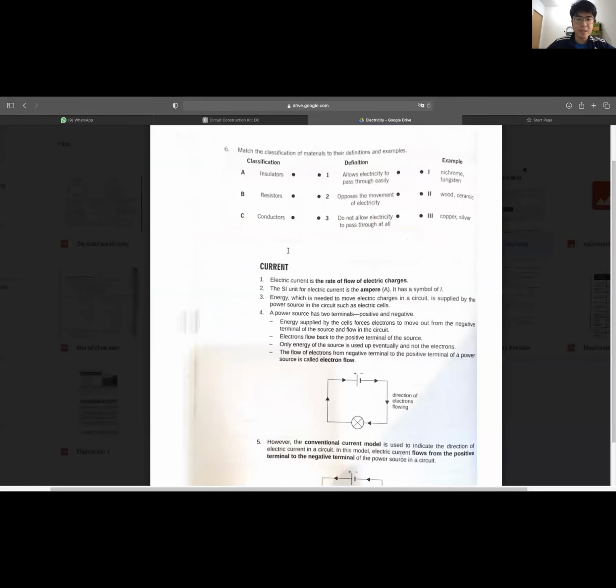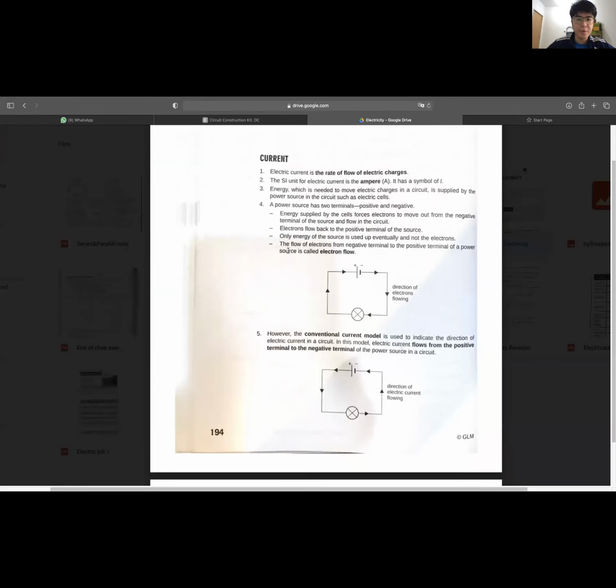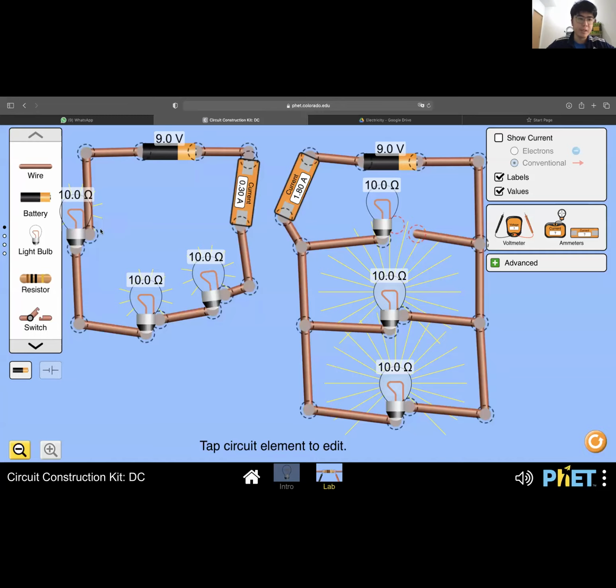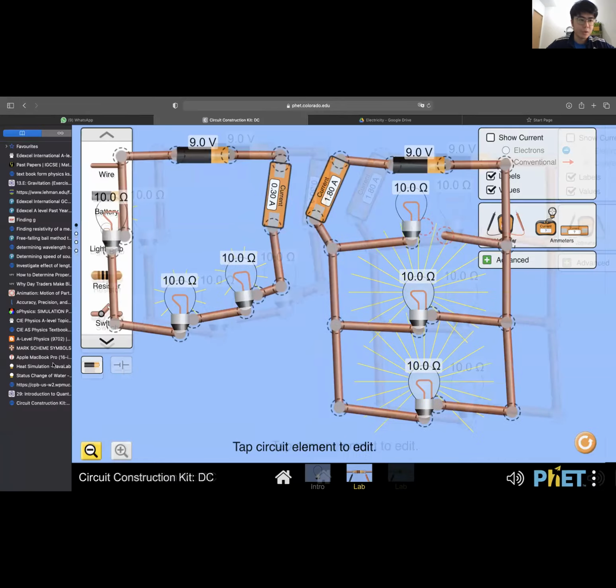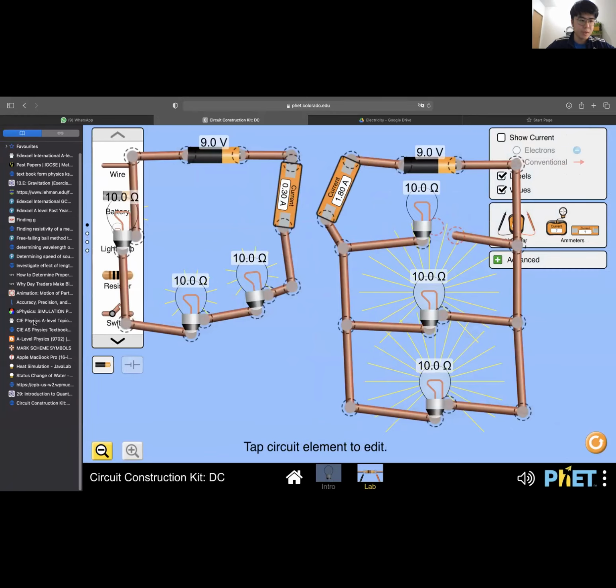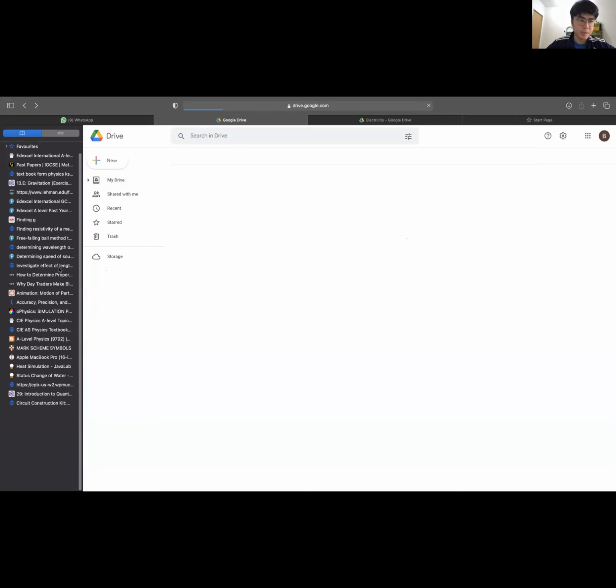The next part, if you look at your textbook, page 194, we will look more in depth at what is current, what is voltage, and what is resistance. Okay, give me a second.